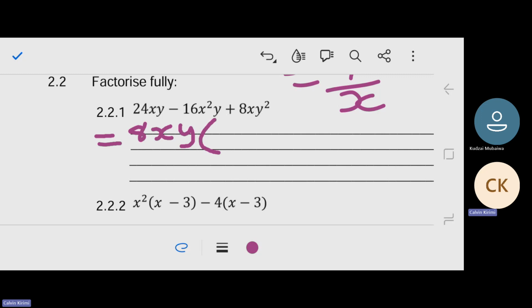There is y in each and every term, and there is x in each and every term.